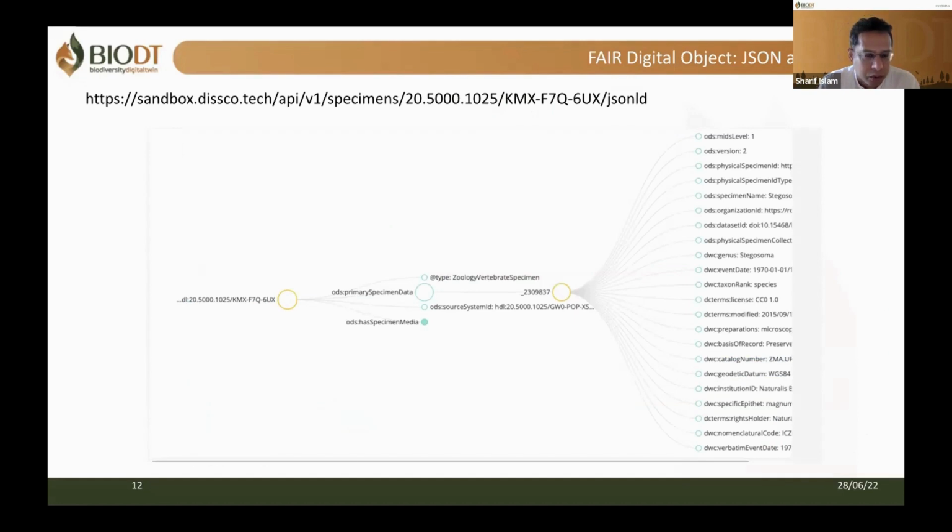This is a simple visualization of one of the JSON transformed into JSON-LD, where you can see on the right-hand side, we're already using some of the data elements from Darwin Core, which is also used by GBIF and other partners. So there is some alignment at that level, but at the same time, we also have our open digital specimen data, which again connects to the digitization pipeline and digital specimen concept. So we're combining some of these things in this representation.